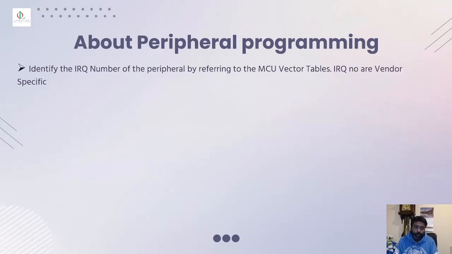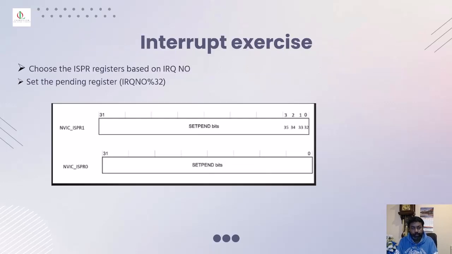And these are all the programming steps. Identify the IRQ, the interrupt request number of the peripheral, by referring to the vector table. Then how are you going to do it? This is the one I'm going to show you in the program now. First, choose the ISPR register based on the IRQ number, the interrupt number, and set the pending register bit at IRQ modulus 32.